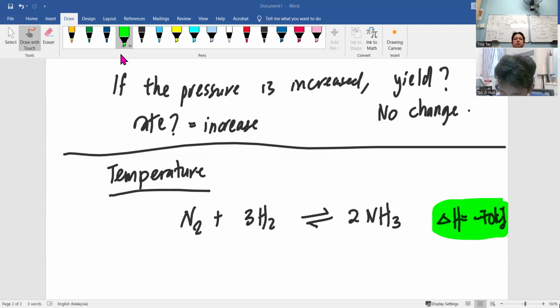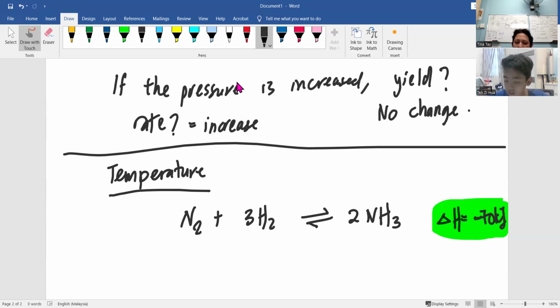Go and look at your own notes. What does this mean?